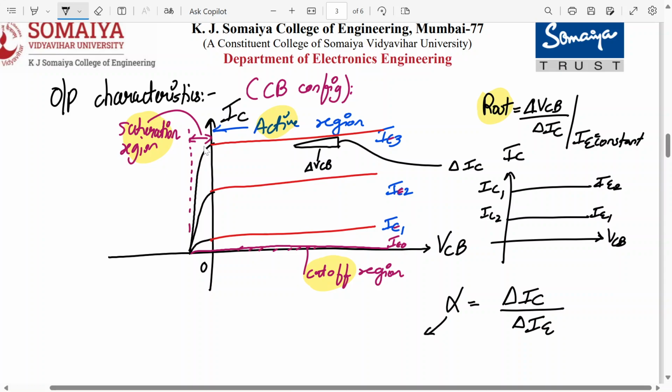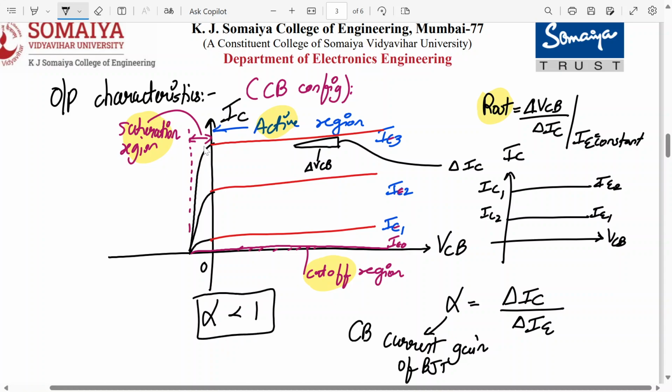This is also called as current gain. तो ऊपर वाला भी एक current gain था, that is called as common emitter current gain. This is called as common base current gain, and this current gain alpha is less than or equal to 1. So IC is approximately equal to IE, almost equal to 1 in this case. So this is my current gain.